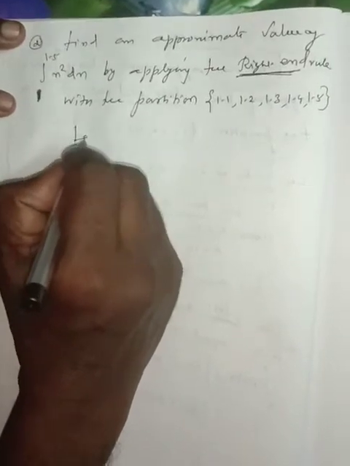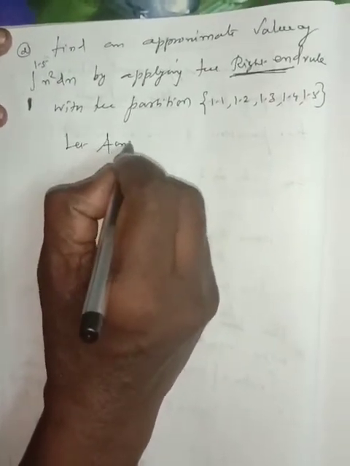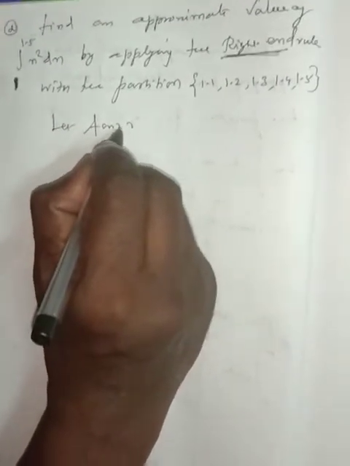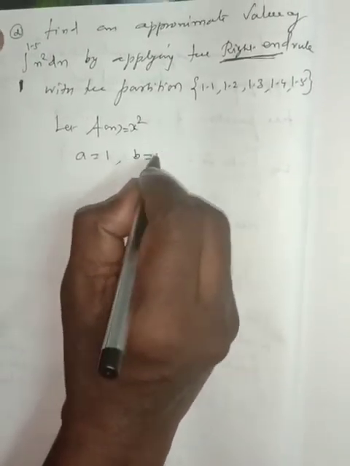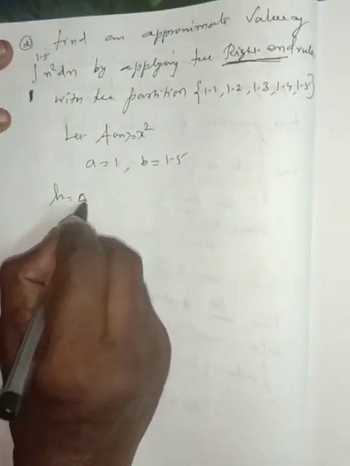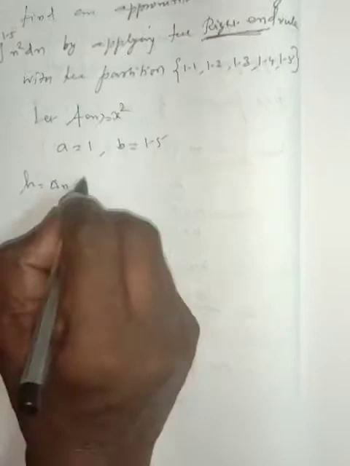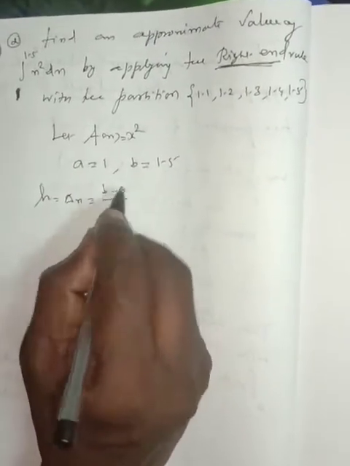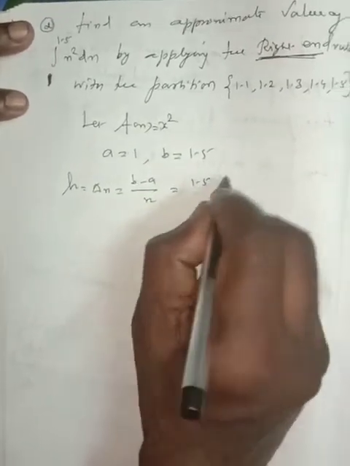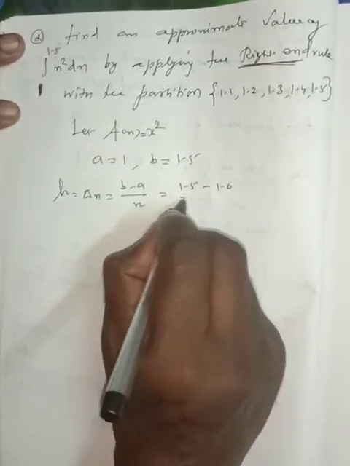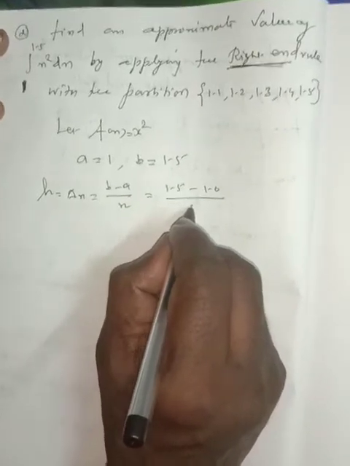Here let f of x is equal to x square. a is the lower limit 1, b is the upper limit 1.5, h is equal to del x is equal to dx is equal to b minus a divided by n, which is 1.5 minus 1.0 divided by n.